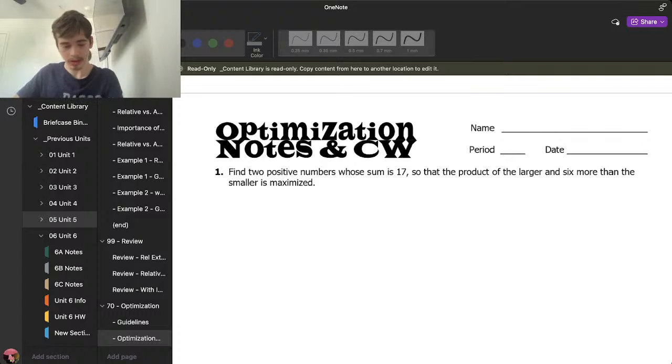Our y is 17 minus that, which is 34 over 2 minus 23 over 2, 11 over 2. Okay, this one's a long problem, but I feel like I'm doing something. It is maximized. We're trying to maximize it.